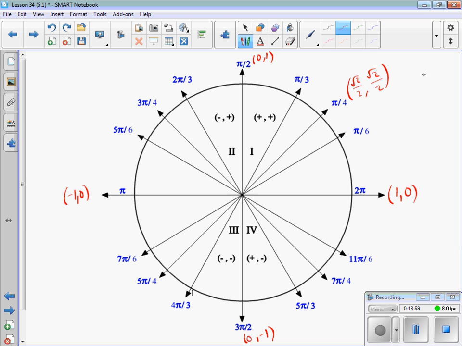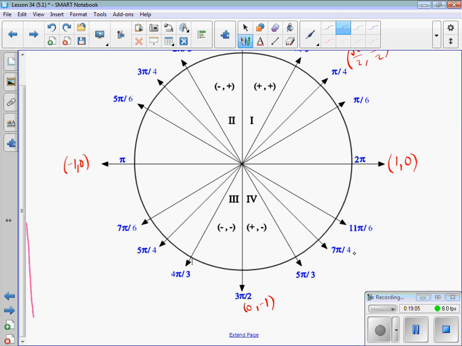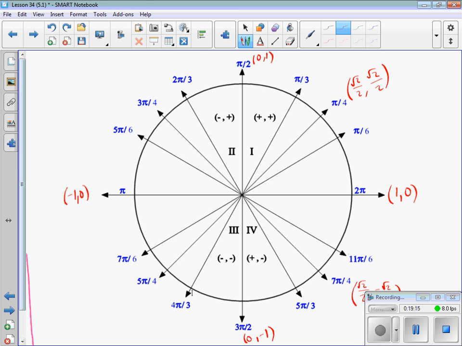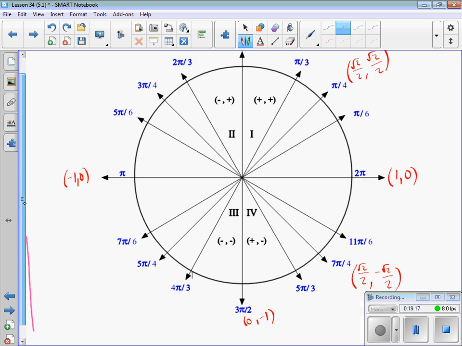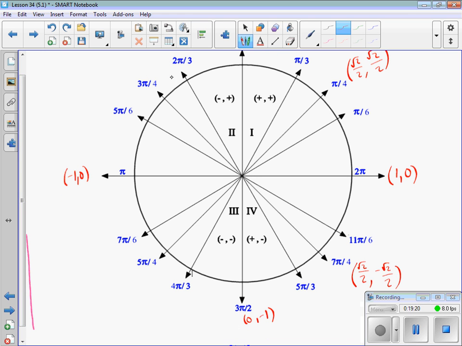So if this one's positive and positive, we said this one here at 7 pi over 4 is going to be what? Positive, negative. What about in the second quadrant? What's this one going to be? 3 pi over 4.